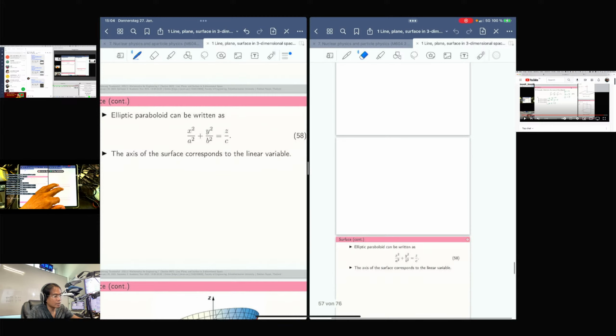So what is the meaning of elliptic paraboloid? It's a parabola, but it has a piece of ellipse. It's not an ellipsoid, because an ellipsoid would be the complete ellipse, but this is only a part of an ellipse.